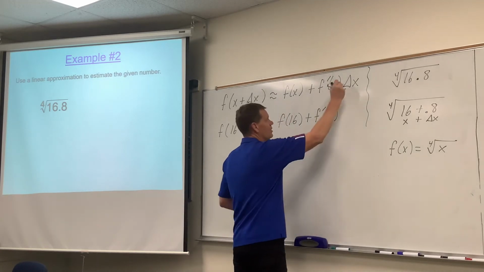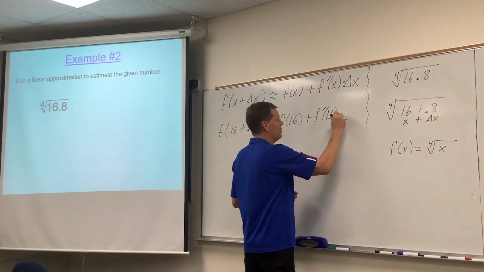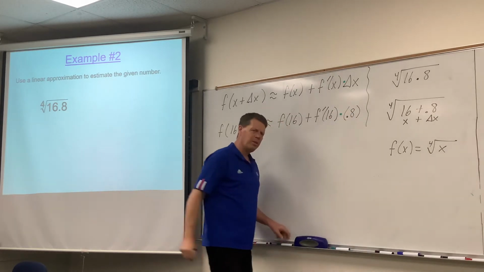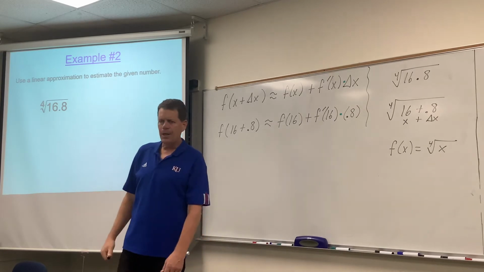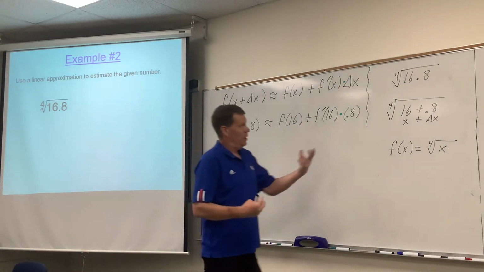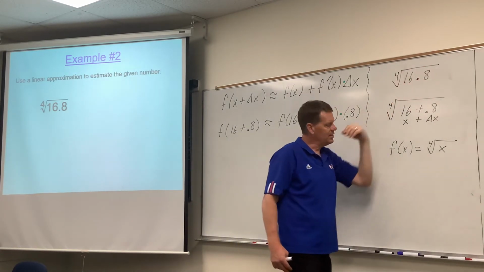Let's keep in mind, this is multiplication. All right, so it's just kind of plug and play. You want the x to be the number that you can apply the function to easily, and then the 0.8 is the leftover, the delta x, if you will.